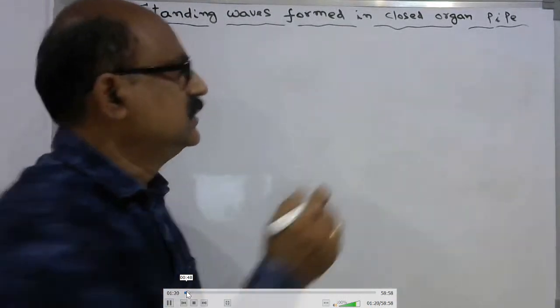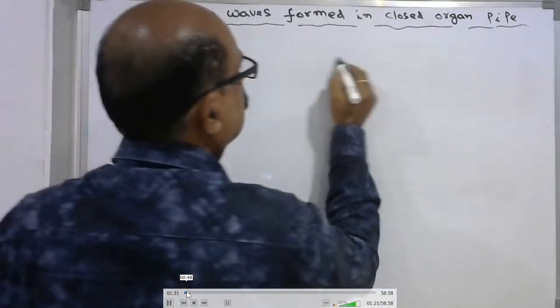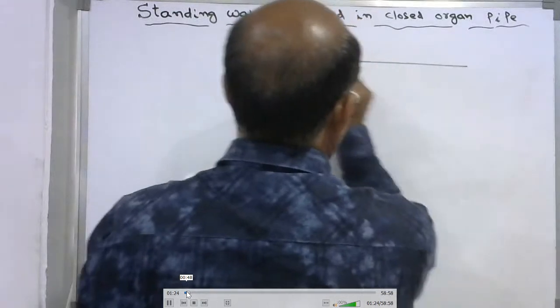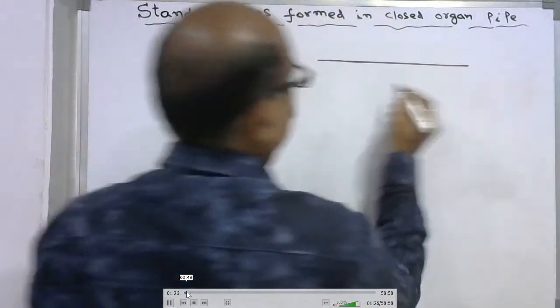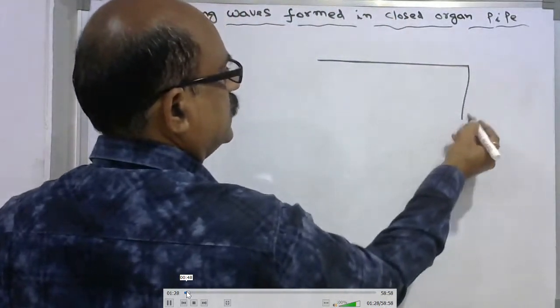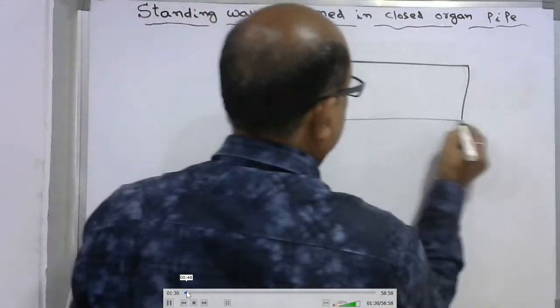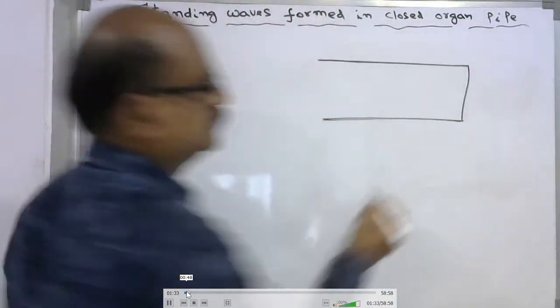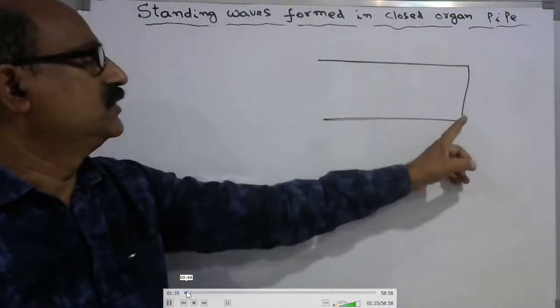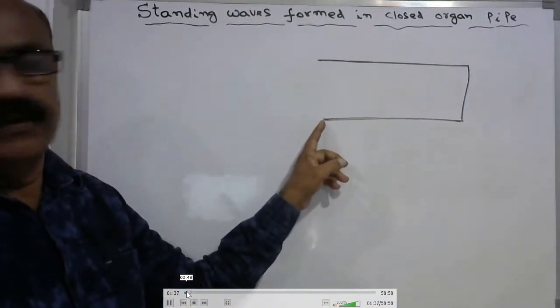See, we can consider this is a closed organ pipe. One side it is closed and the other side it is open. So this is the closed end and this is the open end.